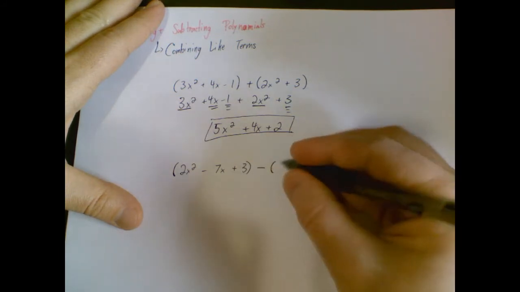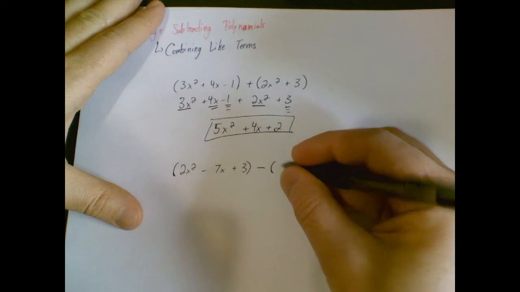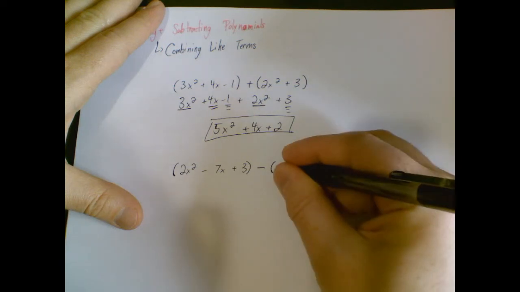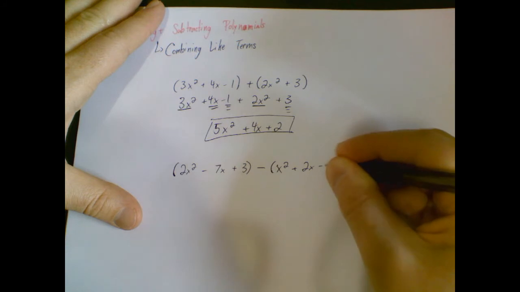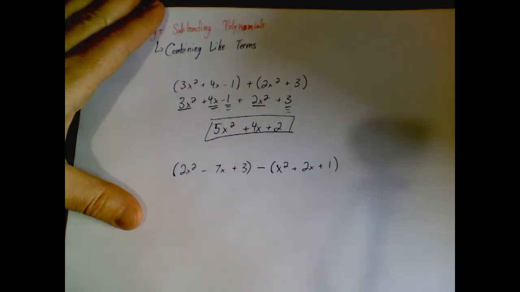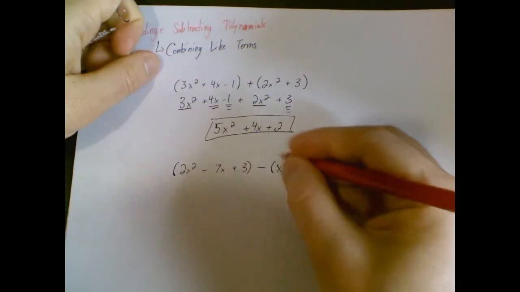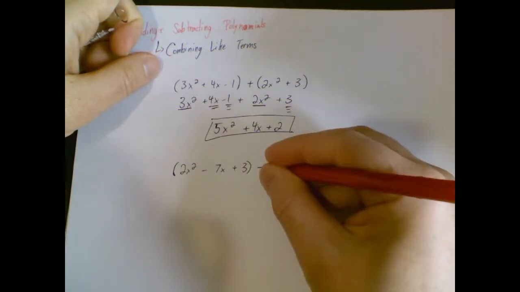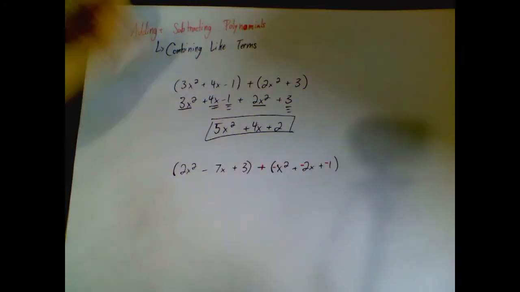Subtraction is almost the same thing, except when we're subtracting, we have to do one step before we drop our parentheses. So let's just do x squared plus 2x plus 1. So this one, you have to be very careful when you write this one out. I need to distribute this negative sign. So I'm going to make it plus and then flip all the signs on the inside.